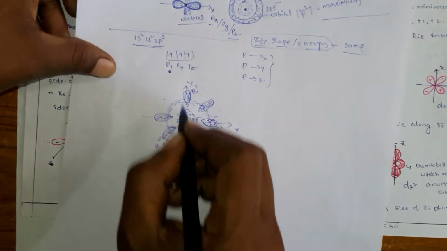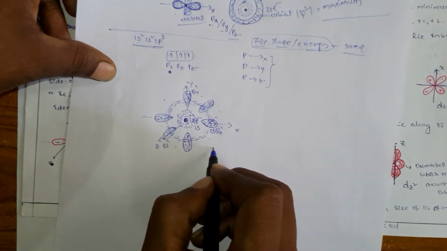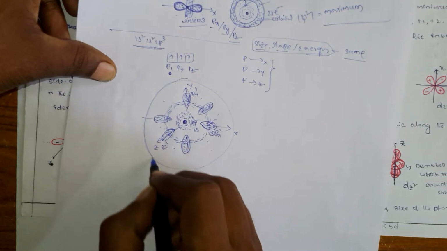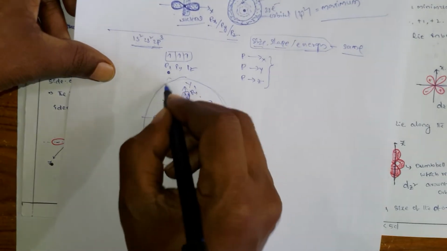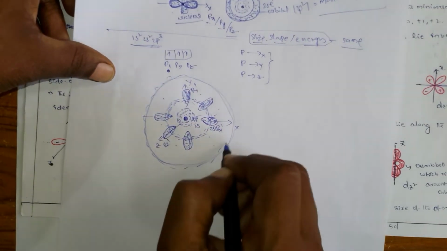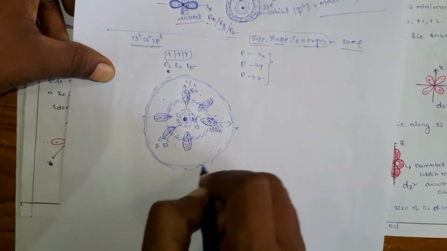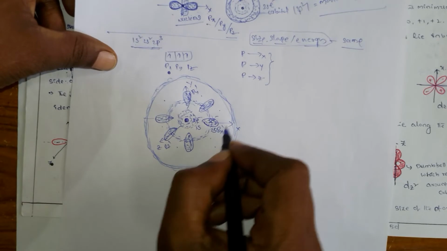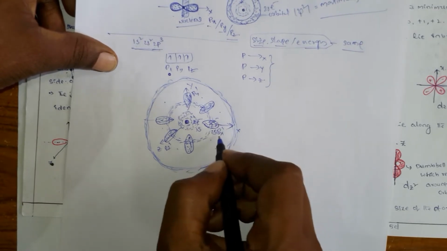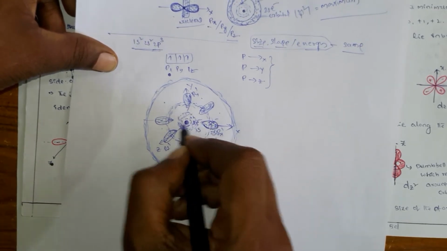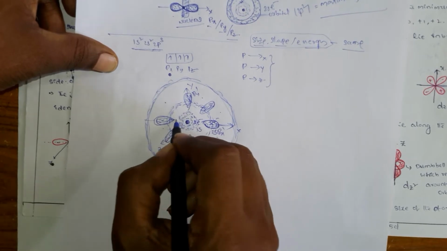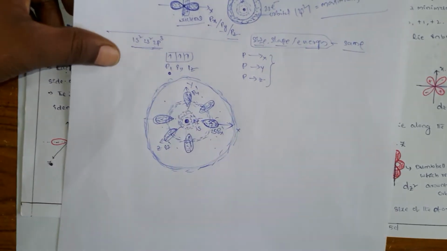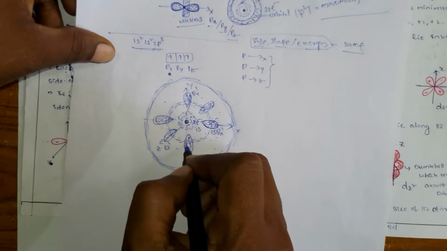Like this, if this is the second shell, now you go to the third shell. Here is the third shell, and this is the 3s orbital. For the 2px orbital, the two lobes, one lobe and another lobe, are exactly opposite from the center of the nucleus.